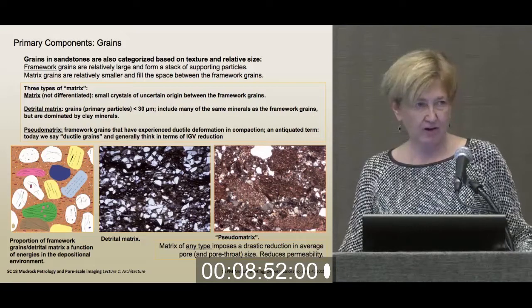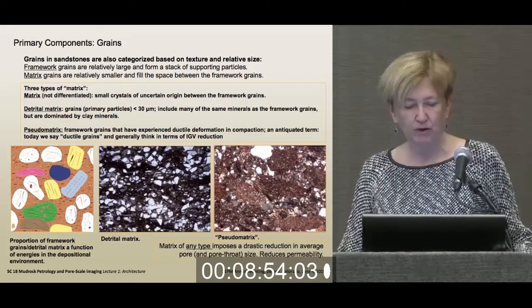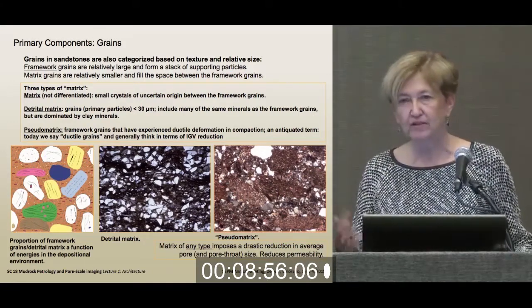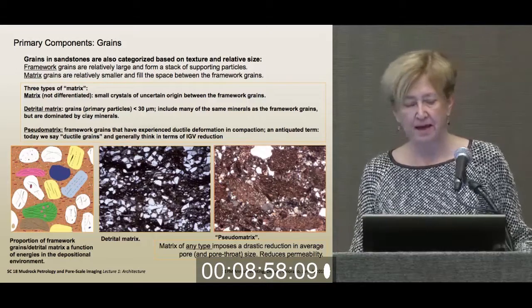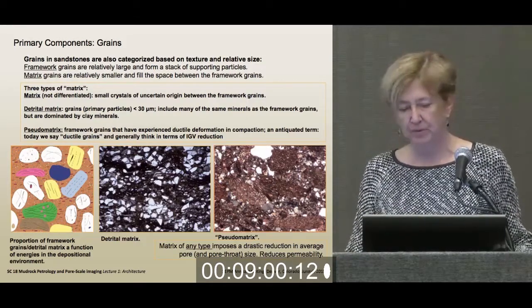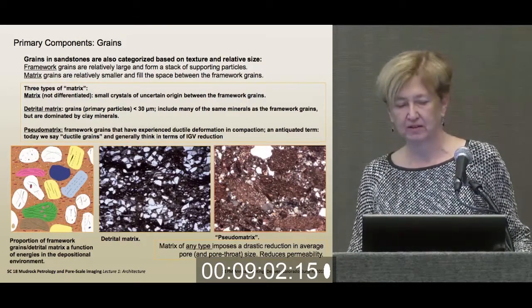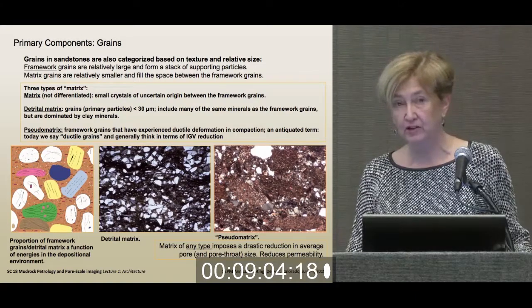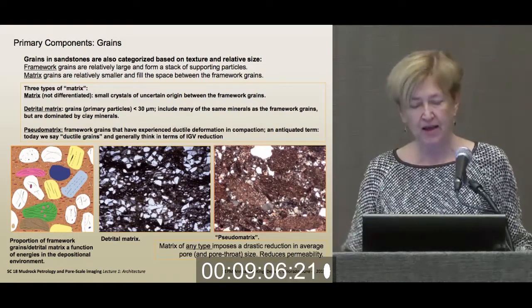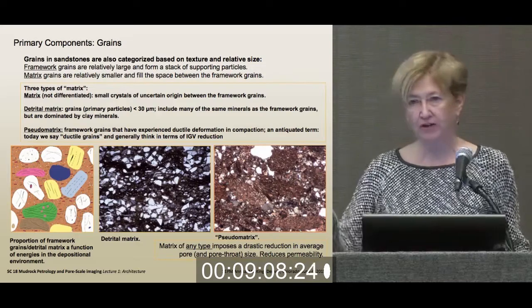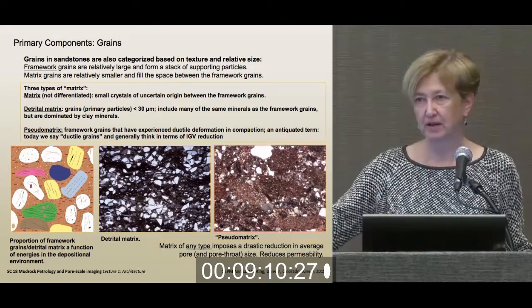But there are other ways to categorize grains, and one way has to do with the relative size. People make a distinction here between the relatively larger grains, which they call the framework grains, and the smaller grains that you can put into the intervening spaces.